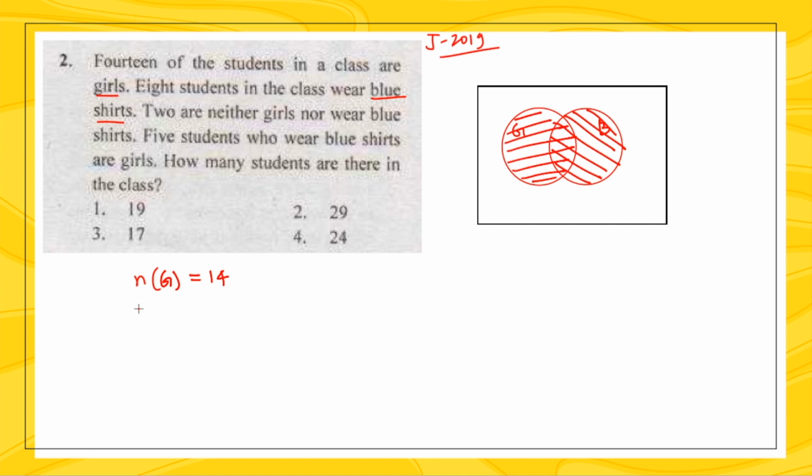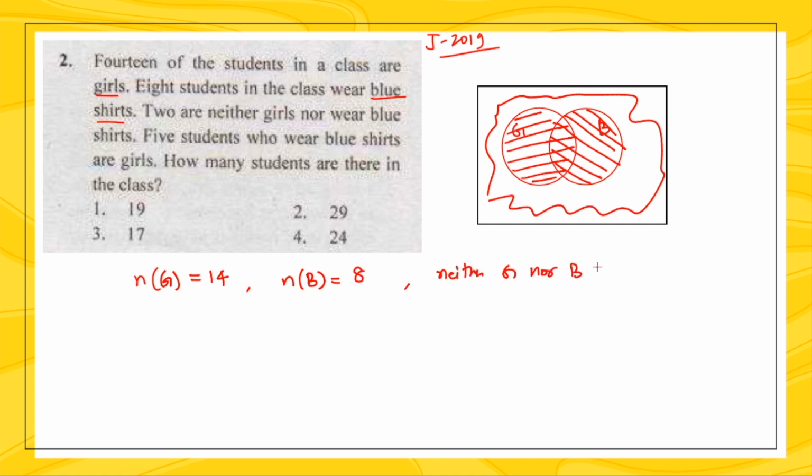So NB means those who wear blue shirt is 8, right? 2 are neither girls nor wear blue shirt. So neither girls nor wear blue shirt will be outside region, the outside of this circle. So neither girls nor wear blue shirt, these are 2.